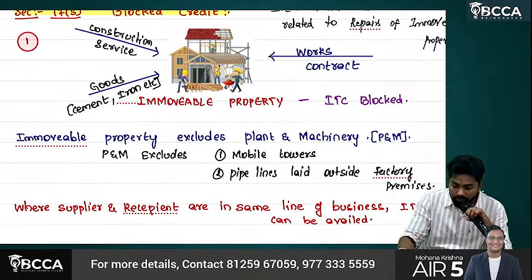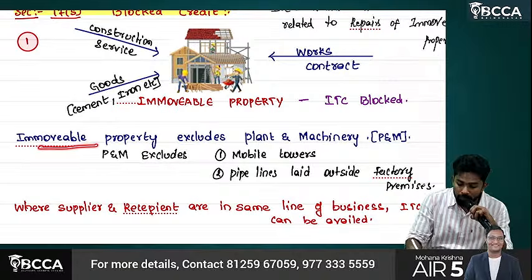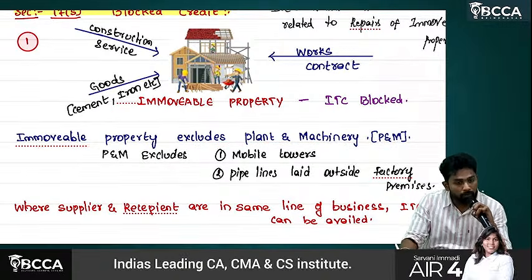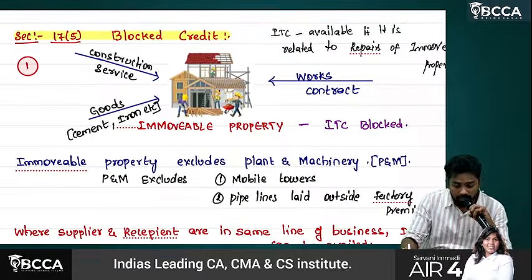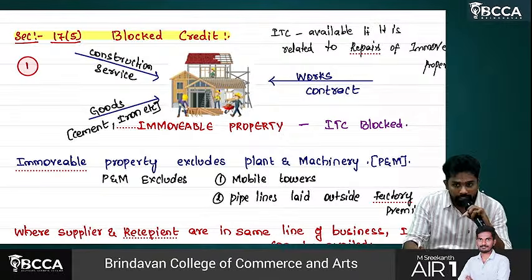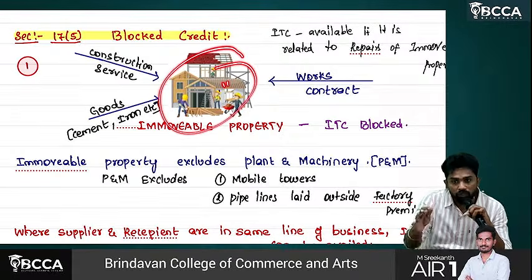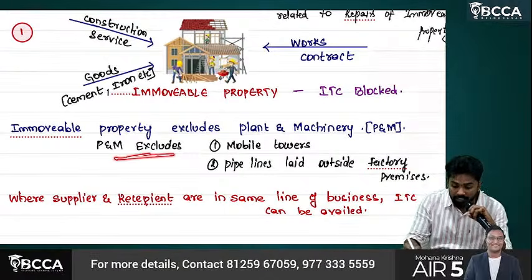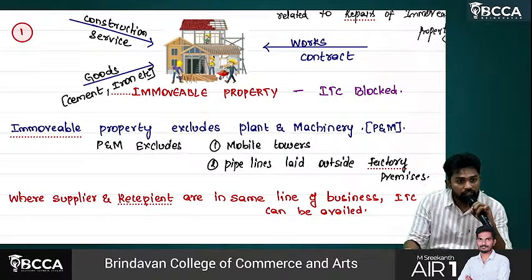Then, immovable property excludes plant and machinery. Immovable property excludes what? Plant and machinery. If this immovable property is plant and machinery, then you will get ITC. If it is like a building and all, you will not get ITC. However, plant and machinery again excludes mobile towers and pipelines laid outside factory premises.